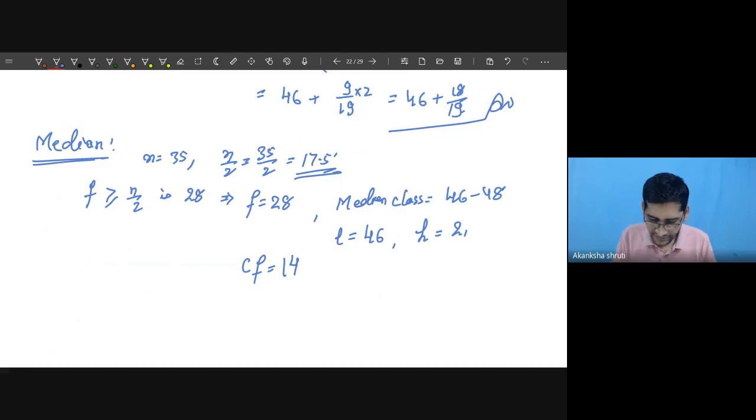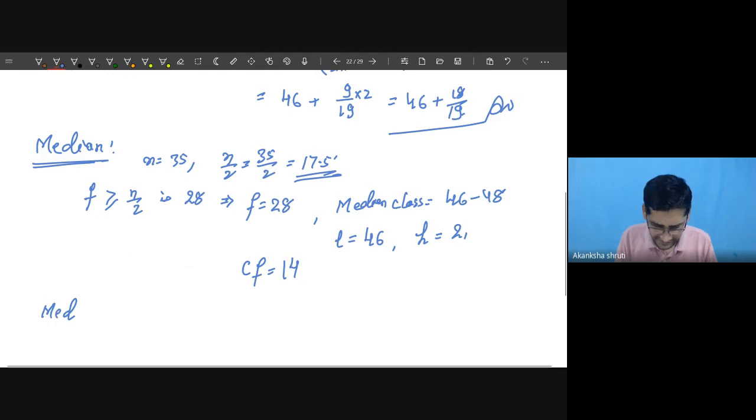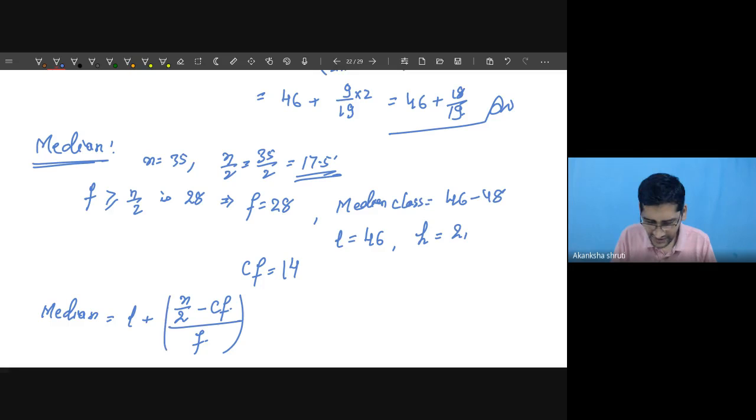After this, we have to apply the formula for the median. It is obtained by taking the lower limit of the median class, then n by 2 minus the cumulative frequency preceding the median class, divided by the frequency, and this has to be multiplied by h. So again very easy. Lower limit is our 46, minus n by 2.